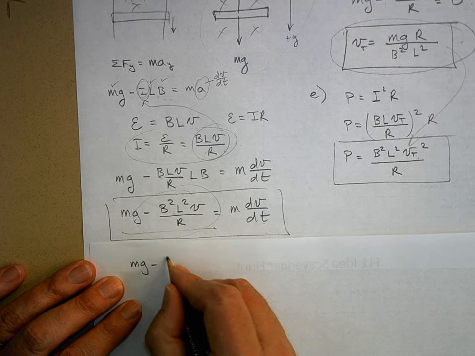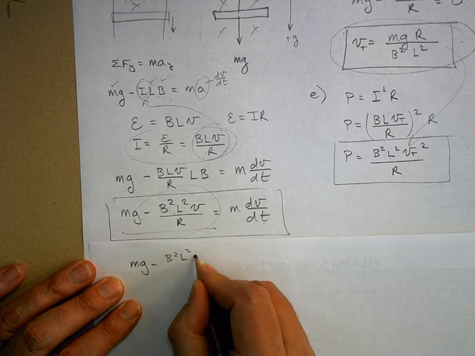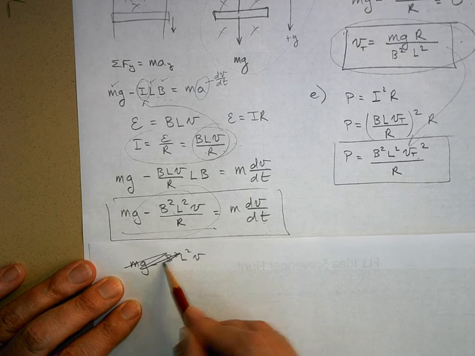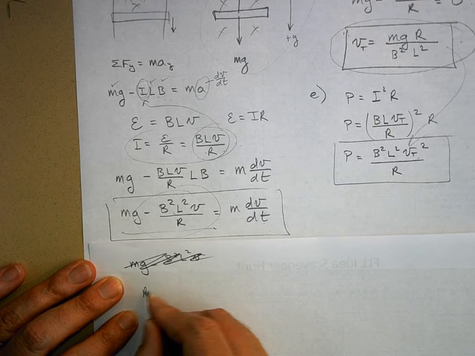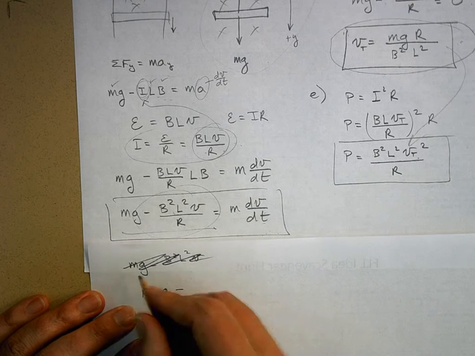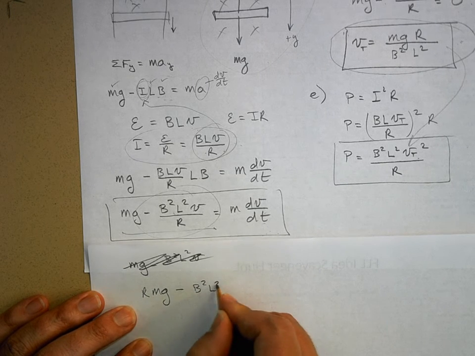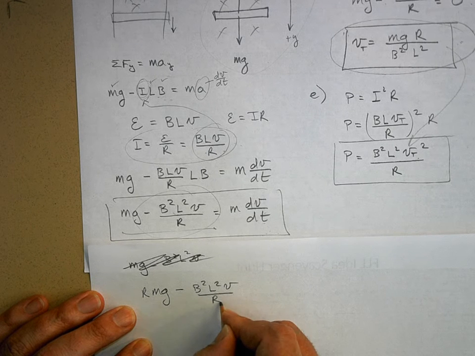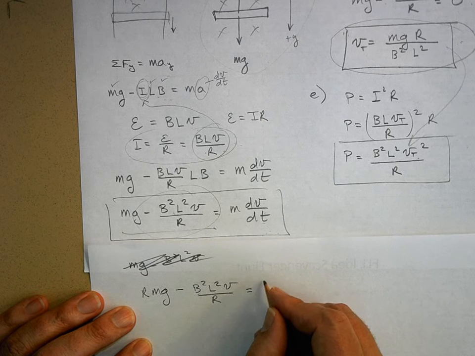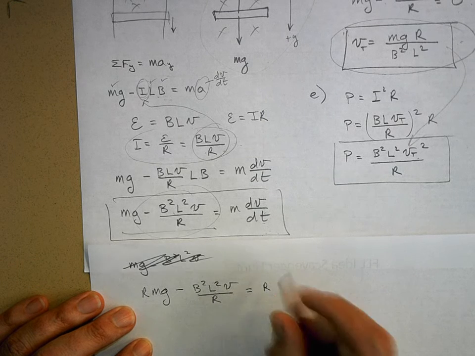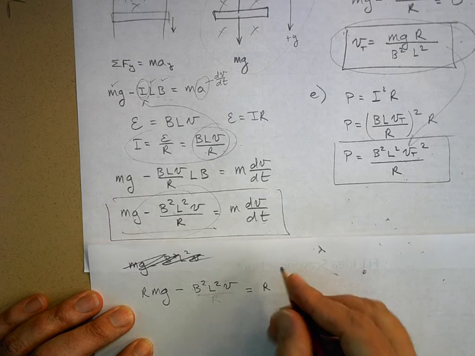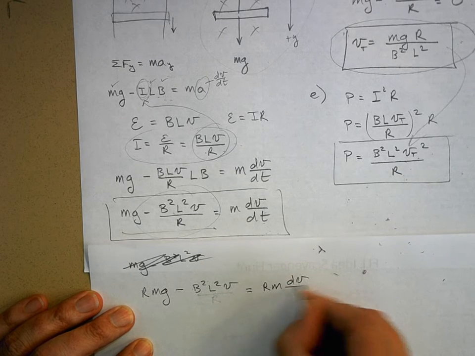mg minus b squared L squared. Well, let's multiply everything by r. So r mg minus b squared L squared v over r equals, well, not over r, I multiplied by r, times rm dv dt.